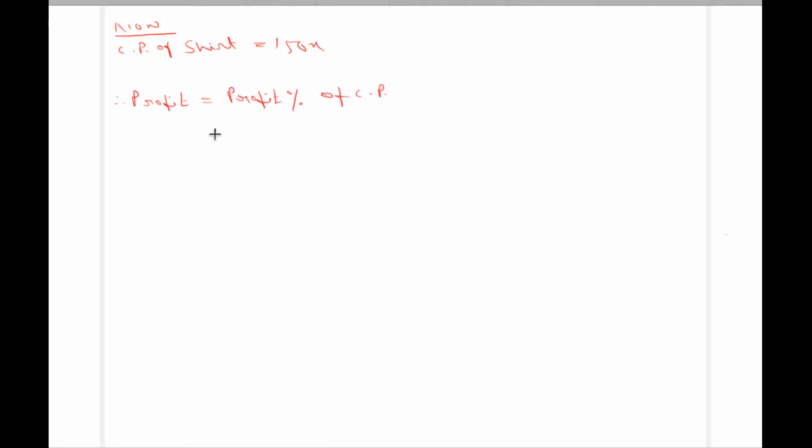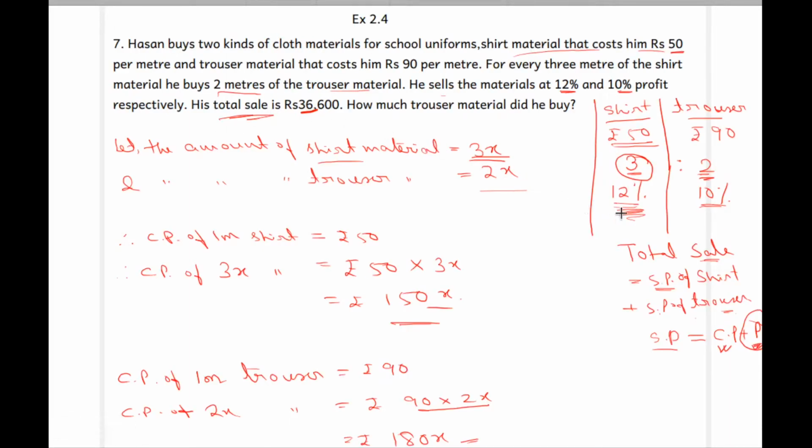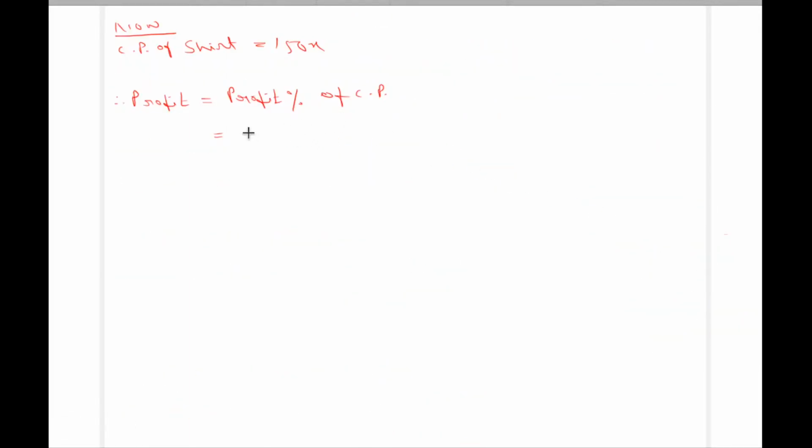This is the formula that we have learned in class 7. What is the profit percent for shirt? 12%. So 12% of cost price 150x. 12% can be written as 12 by 100, of means multiplication, and 150x. Cancel out: if we cut it by 5, and then by 2, we are left with 18x.